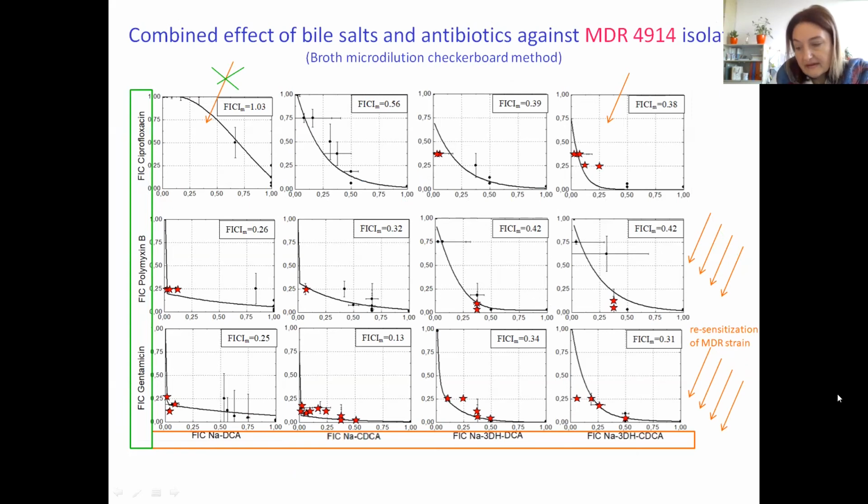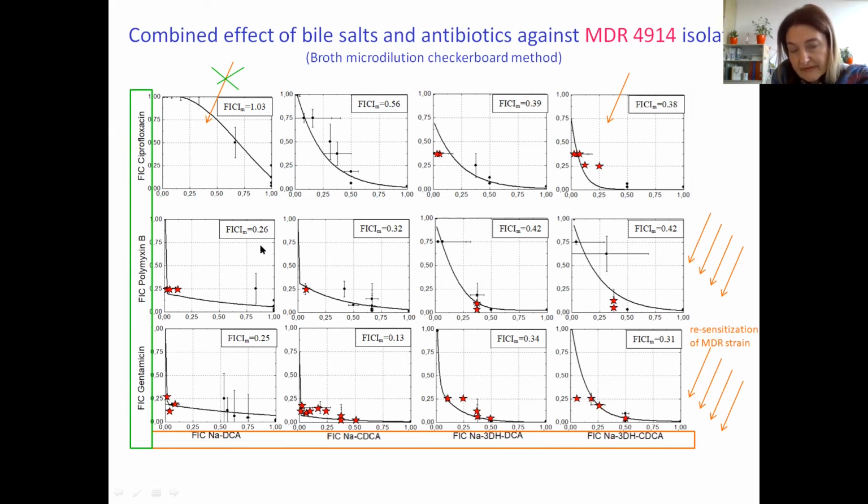So the best effect definitely was for gentamicin, and after that ciprofloxacin. And less effective was the synergy with polymyxin B. We suppose that it is because of the different mechanism of action of these antibiotics, because gentamicin and ciprofloxacin have to enter cells to be effective, while polymyxin B is acting on the cell membrane.